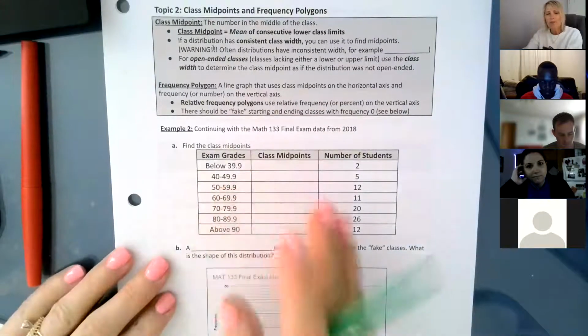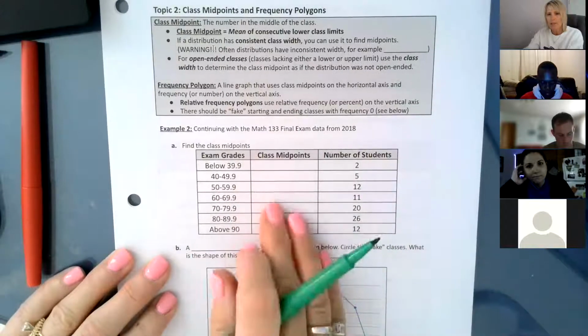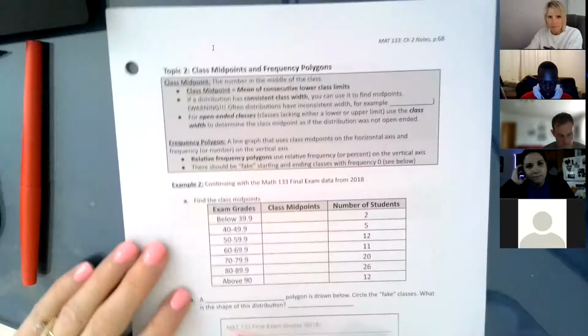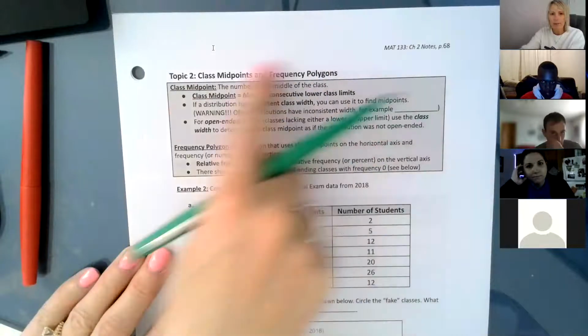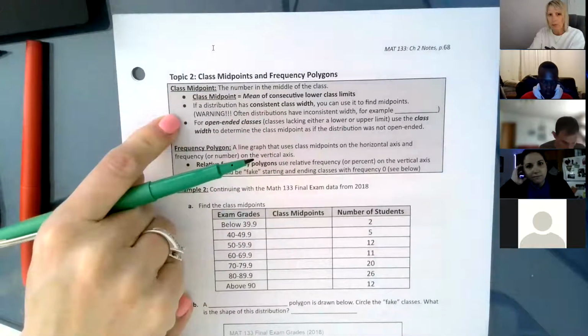So for us to be able to do something measurable with this data, we need to find a class midpoint to represent those students, if that makes sense. This gray box at the top here on page 68 is important because it tells us how to find a class midpoint.